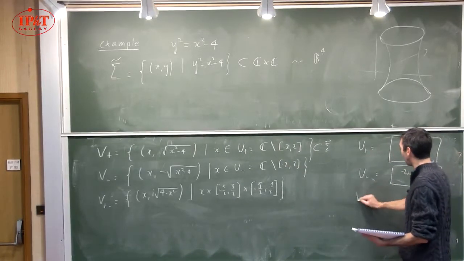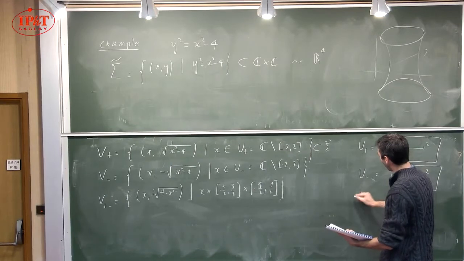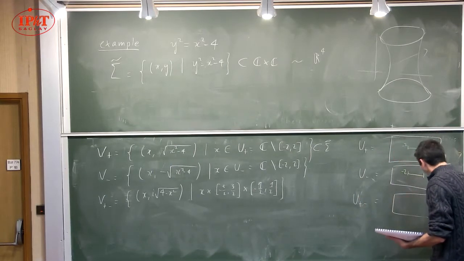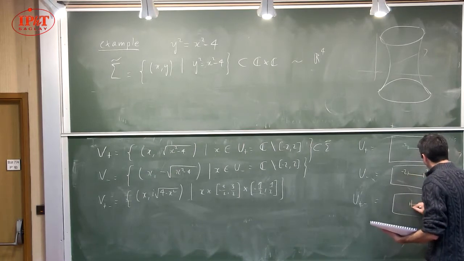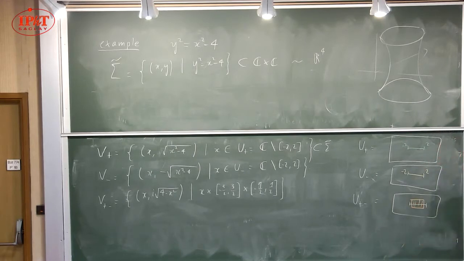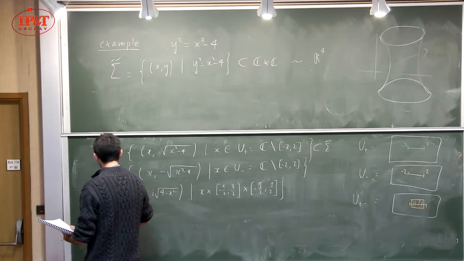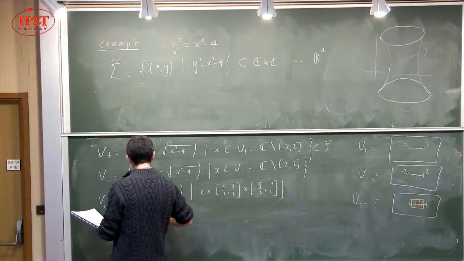So V plus minus, or U plus minus, will be in the complex plane, this rectangle. And V minus plus is more or less the same thing, except I change the sign of the square root.